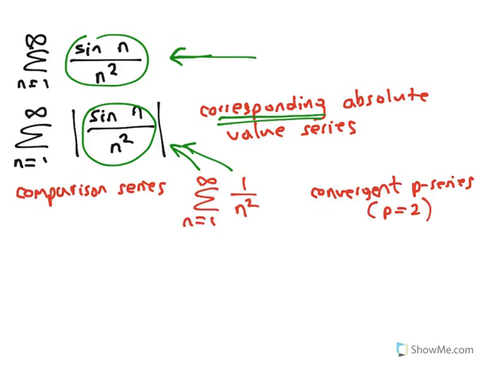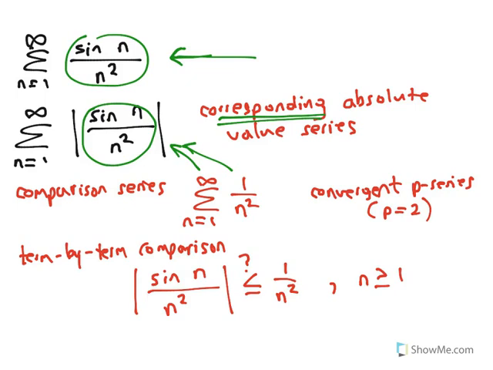Now we will do a term-by-term comparison. If we can show that this relationship is true, that the nth term of our absolute value series will be less than or equal to the nth term of the comparison series, then since the comparison series converges, our series, which would have smaller terms, must also converge by direct comparison to the convergent p-series.